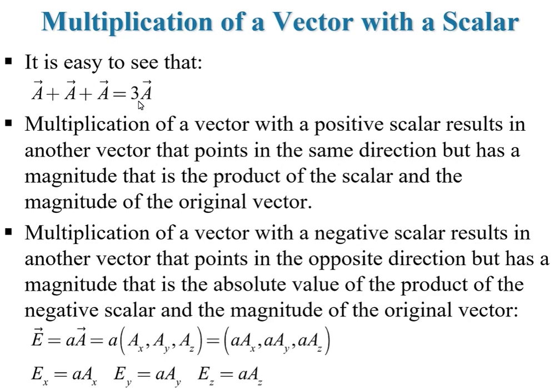What does it mean when we say scalar? A scalar is just a quantity that has only a value but no direction. So, that is the opposite of what we call a vector. So you just multiply it: multiply by the AX value, multiply by the AY value, and multiply by the AZ value.